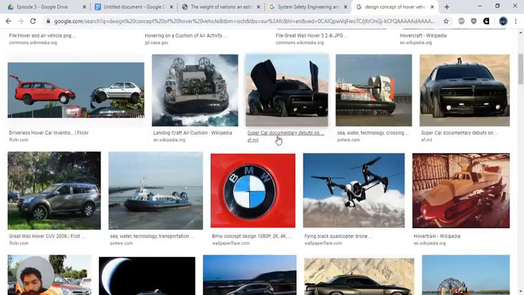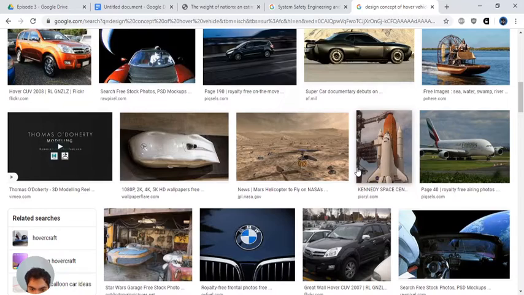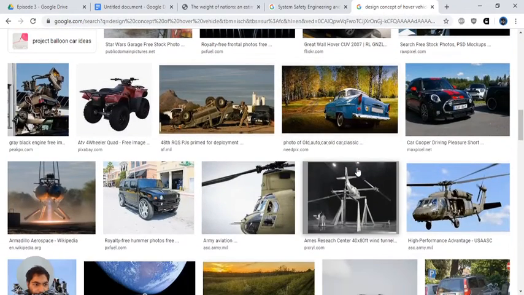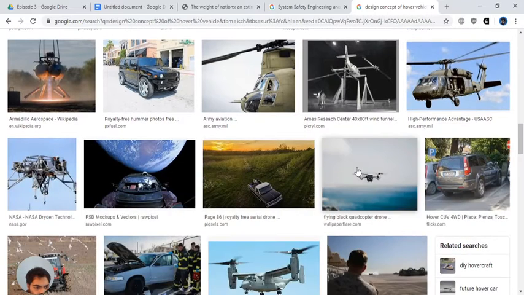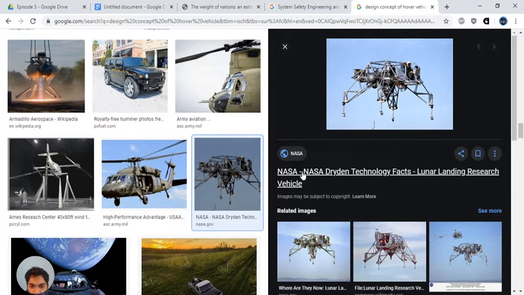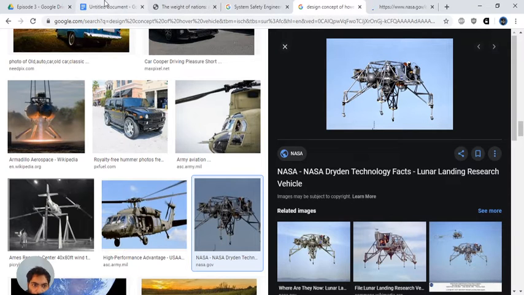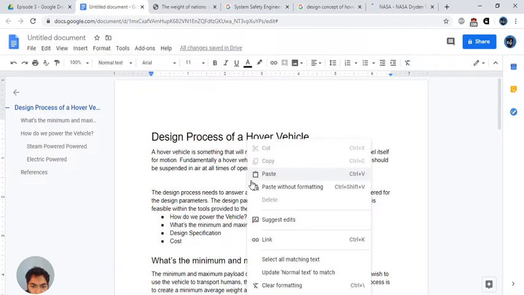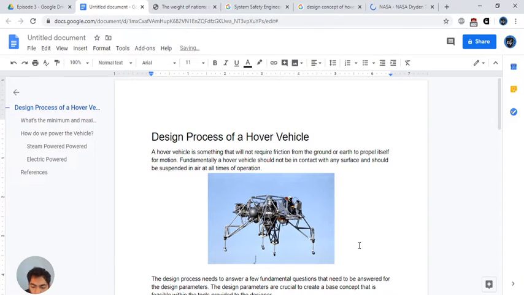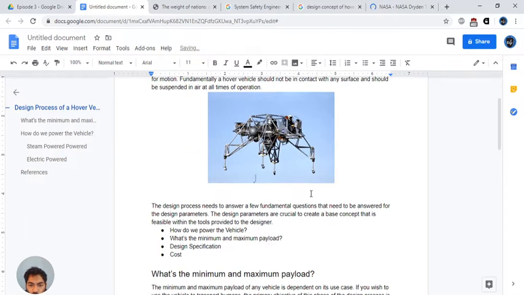That is true. Our drone is a hover vehicle. It's a funny thing, we're going to get into that for electric power. Where's a good one? NASA has a good one. Don't worry, I'm going to give them the credit. Concept of a hover vehicle from NASA.